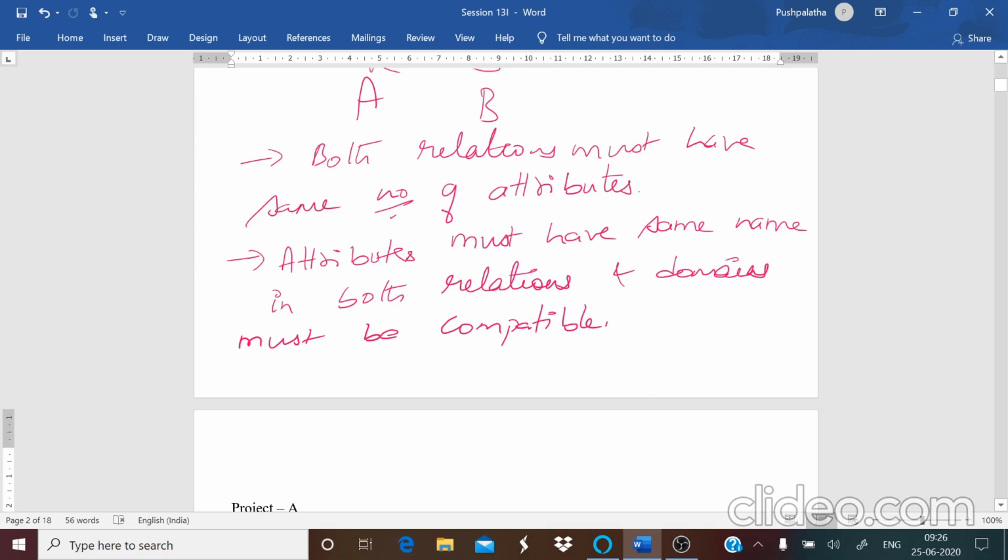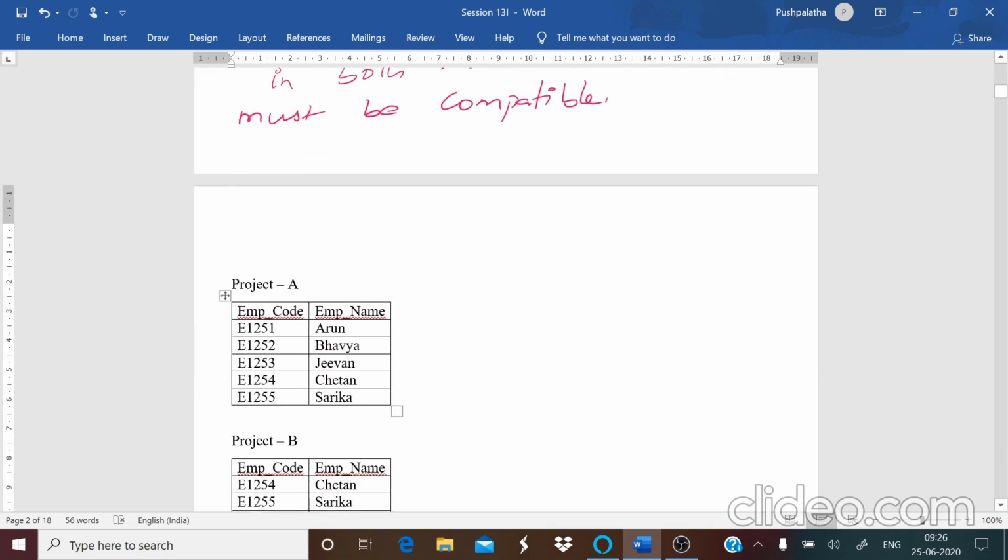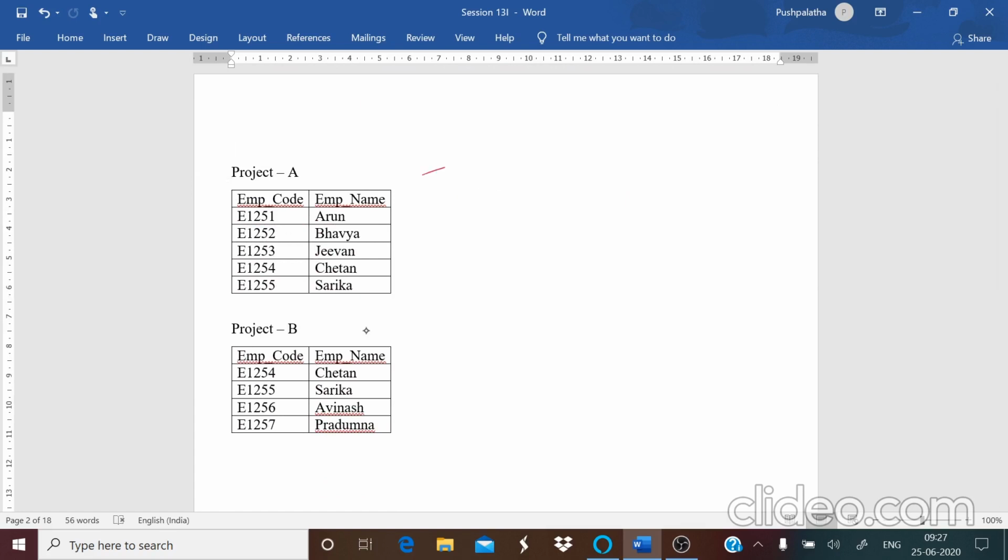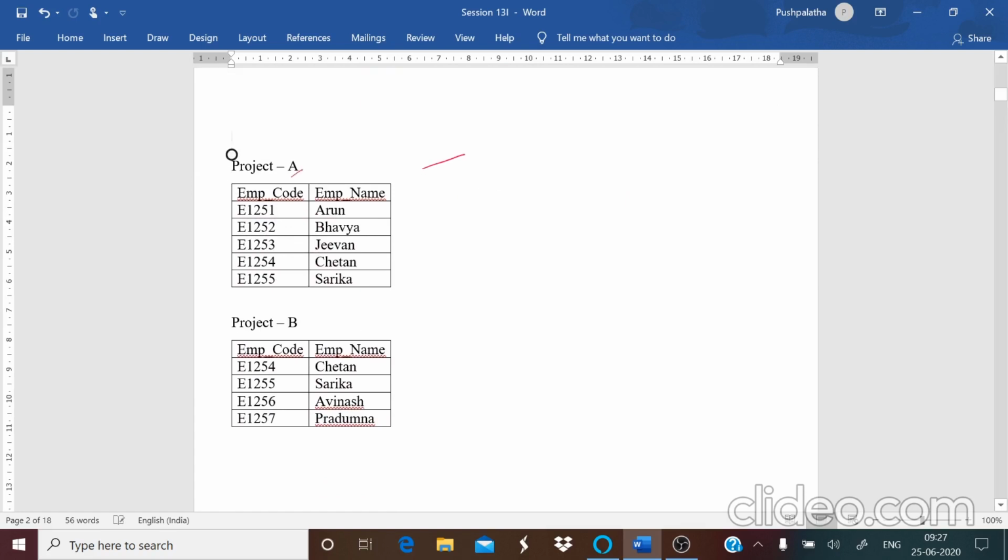Now let us consider two tables, project A and project B. Project A has an employee code and employee name. Project B has employee code and employee name. This is what you mean by your attributes. The employee code and employee name in the second table should also be the same, and the values should be compatible.